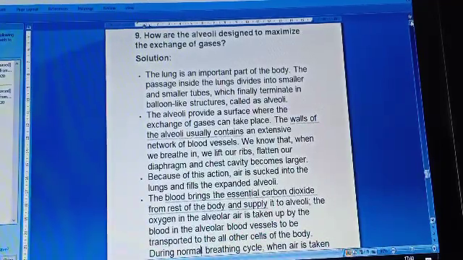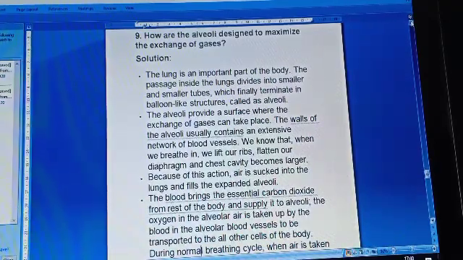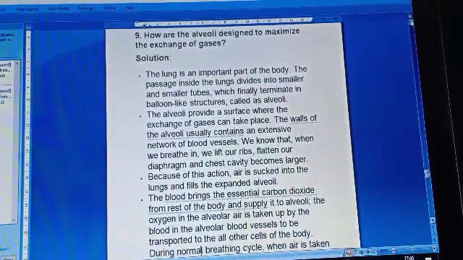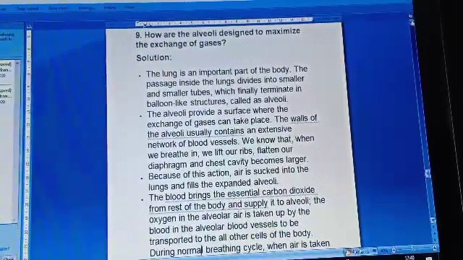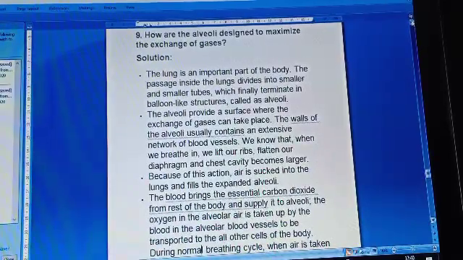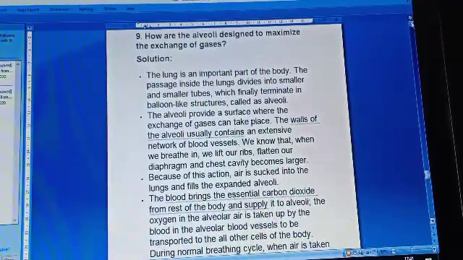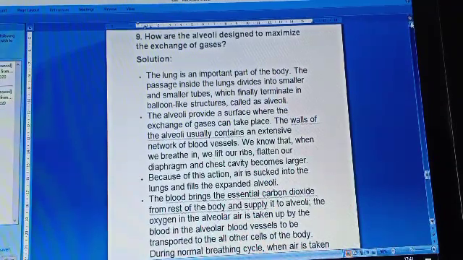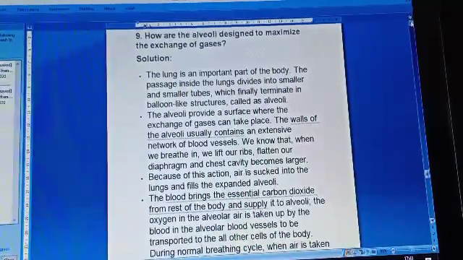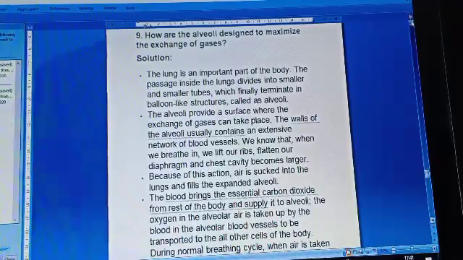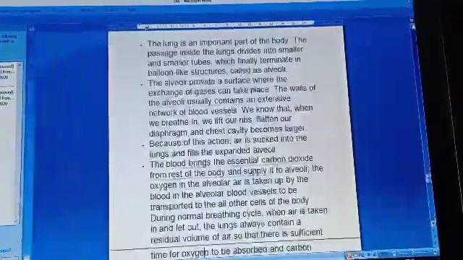So from the alveoli, the oxygen diffuses into the blood vessel. Then what happens in the blood vessel? It carries carbon dioxide. So the carbon dioxide concentration is higher in the blood vessel than in the alveoli, so the carbon dioxide diffuses into the alveoli. And then, by the exhale process, it goes outside.